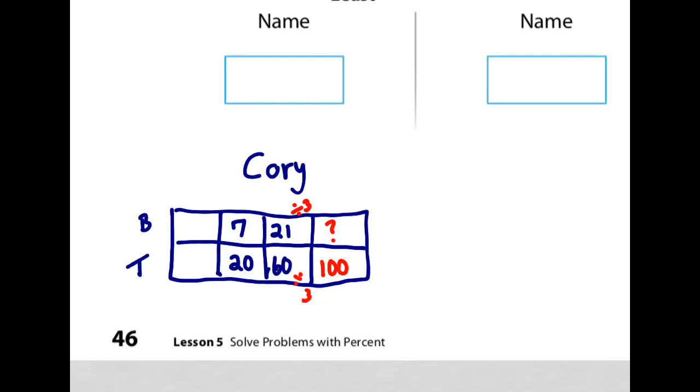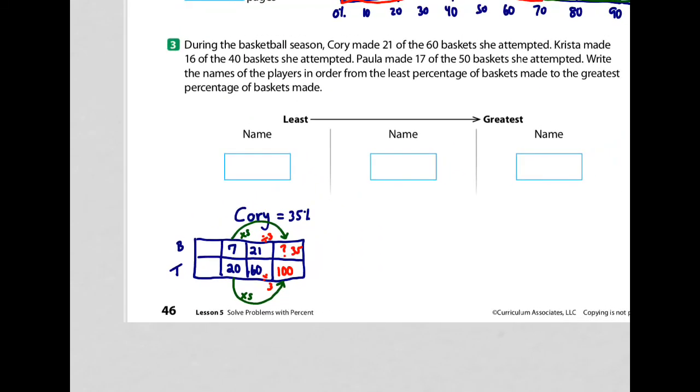Now, I can take that down to 10% or another percent, but here's the cool thing. To go from 20 to 100, I multiply by 5. To go from 7 to my answer, I also multiply by 5. So, what's 7 times 5? It's 35. So 35 out of 100 means Corey made 35%.